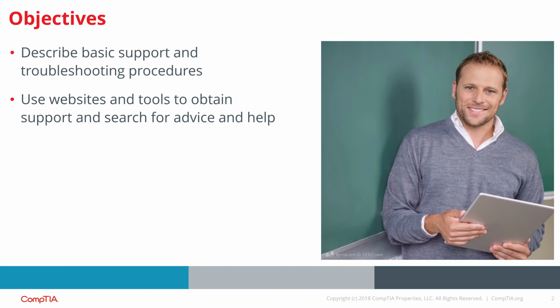Objectives here, there's mainly two main objectives. It is to describe basic support and troubleshooting procedures and also use websites and tools to obtain support and search for advice and help. And as you know, the internet and things like this will be very beneficial.